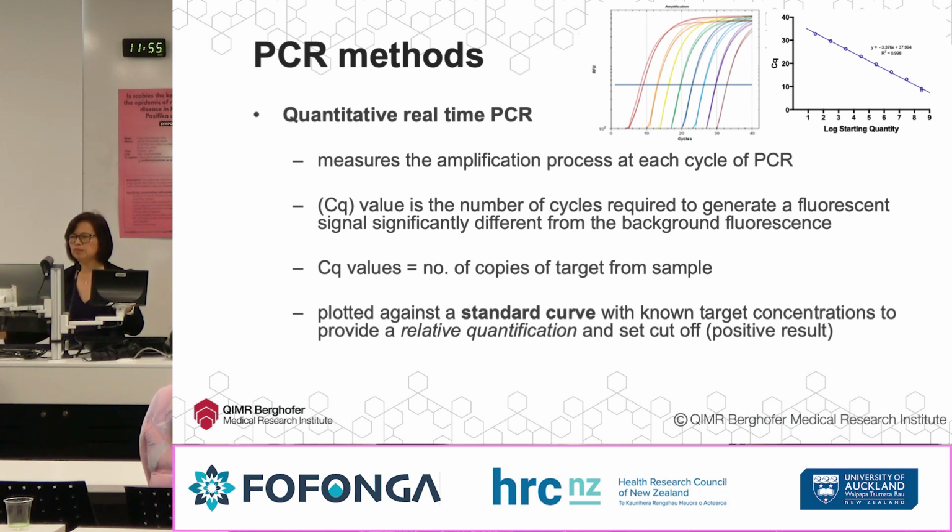This second improvement of the PCR technology is you view the amplification or multiplication of your DNA fragment in real time. And it gives you a quantitation value which is equivalent to the number of cycles required to generate a fluorescent signal. And this is how the amplification plot looks like.